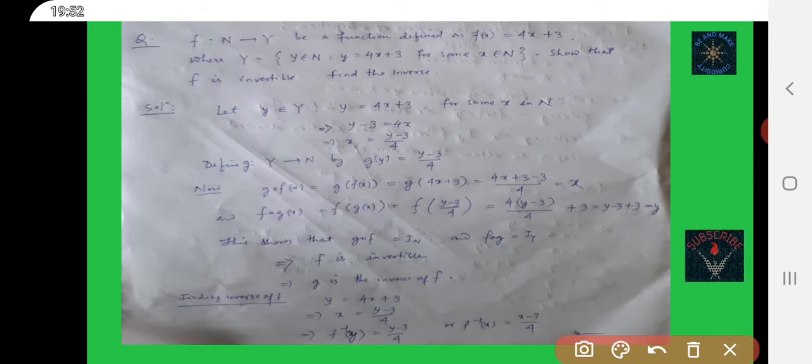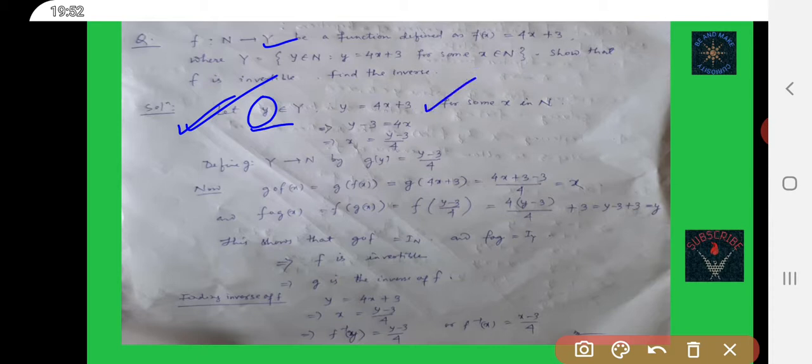Okay, so first you have to prove here. You have small y belongs to this set capital Y, and y is equal to 4x plus 3.